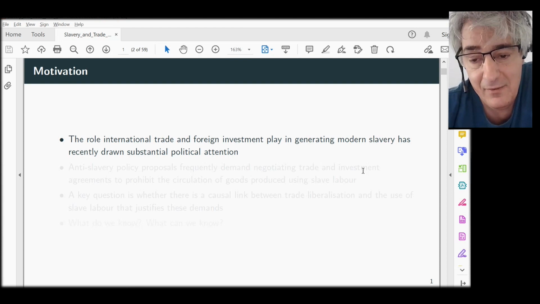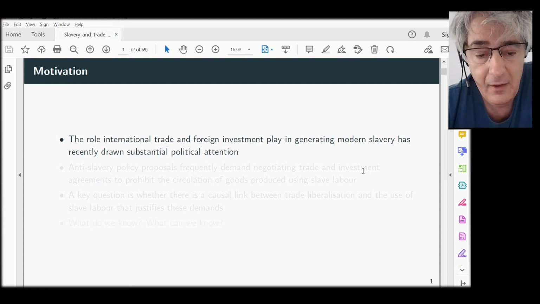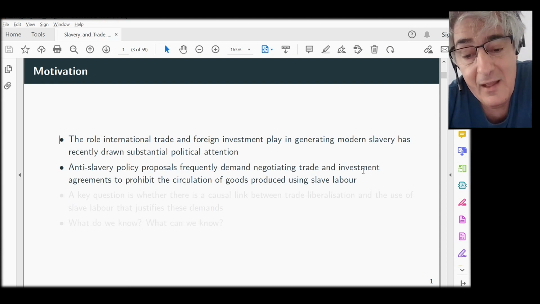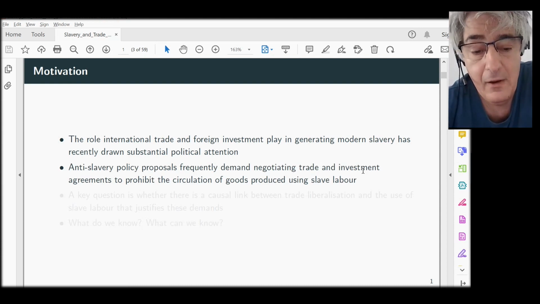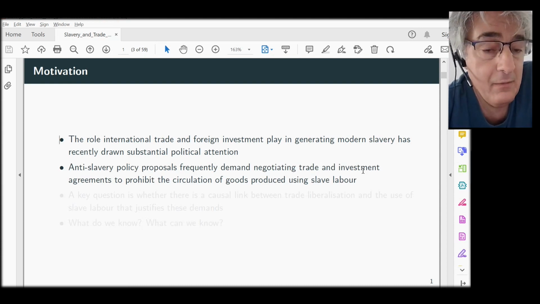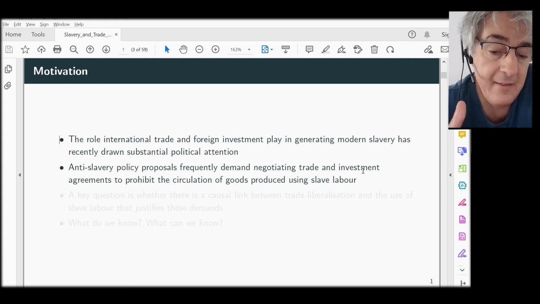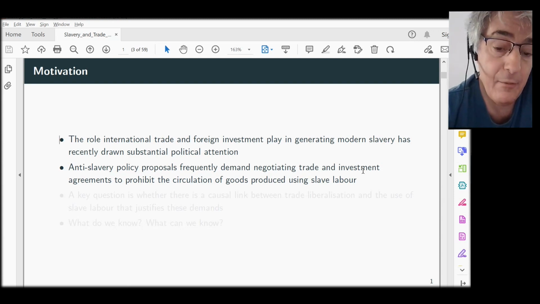So it is something that is attracting a lot of political attention. Many millions of people are suffering from this, and it's increasingly important to deal with it. And there are some doubts about the effects. There are people who consider that different forms of globalization are enhancing the use of forced labor or different forms of modern slavery.